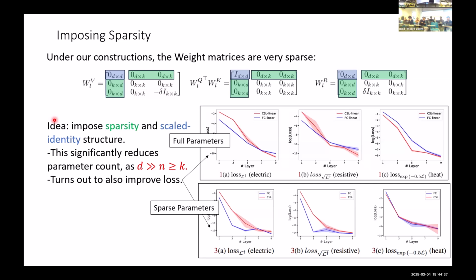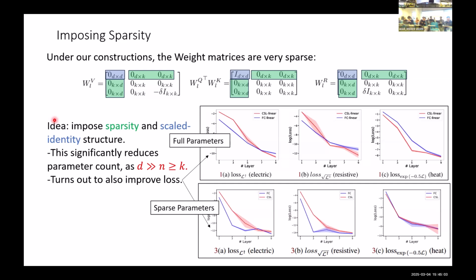Why is n bigger than or equal to k? Because k is the number of demands, and once you have solved n demands, you have kind of solved everything. Solving n demands on the electric flow problem is as much as you need to invert the entire Laplacian matrix. If you inverted the Laplacian, then you don't need to solve anything.